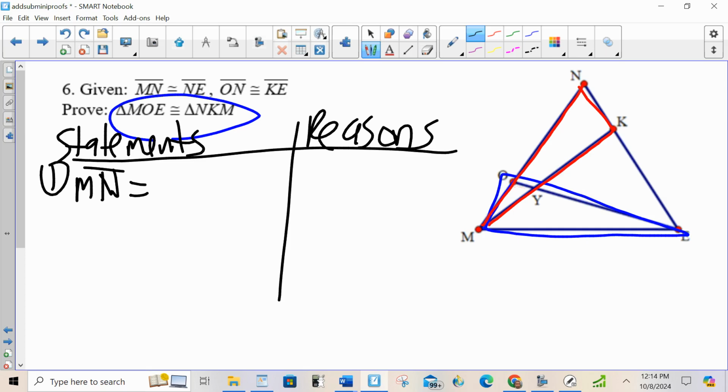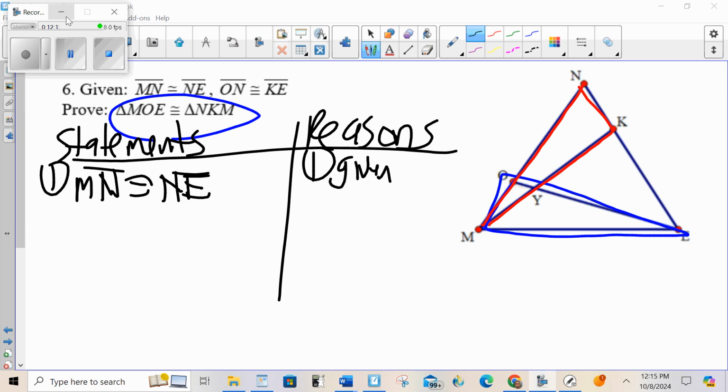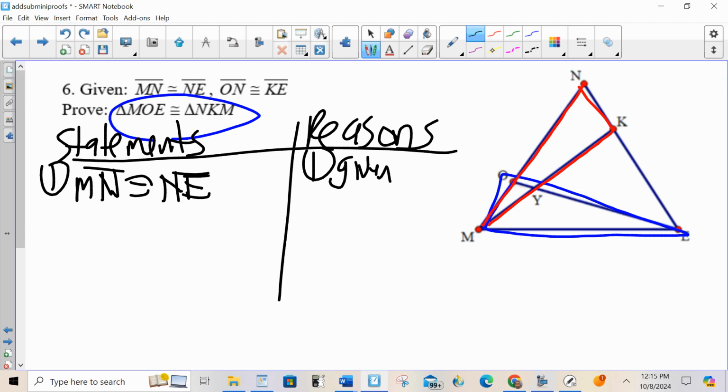MN is congruent to NE, given. I'll just pause it for a moment. Okay, it is right. So, MN is congruent to NE.